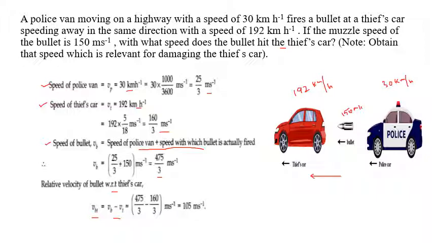Yes, you are right. The difference between the two velocities, VB minus VT. So 475 by 3 minus 160 by 3 is equal to 105 meter per second. Okay, so this is the speed with which the bullet hits the thief's car, 105 meter per second.